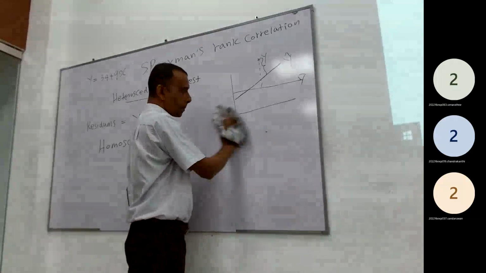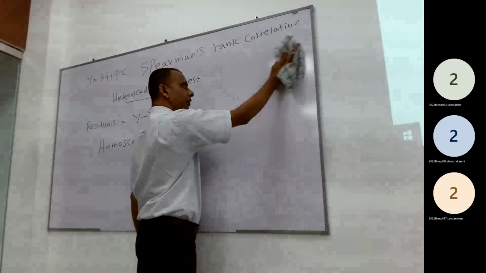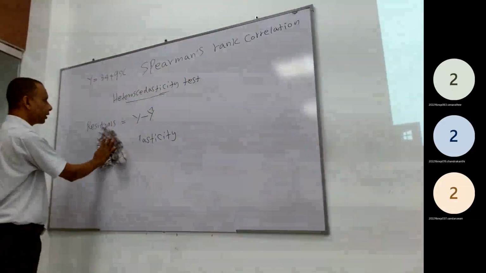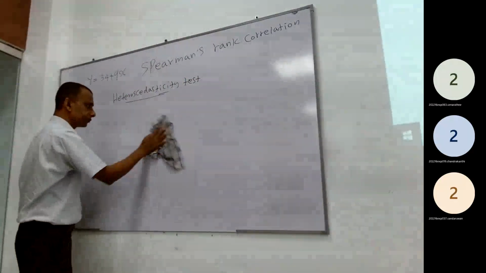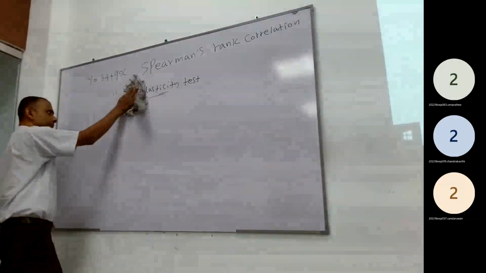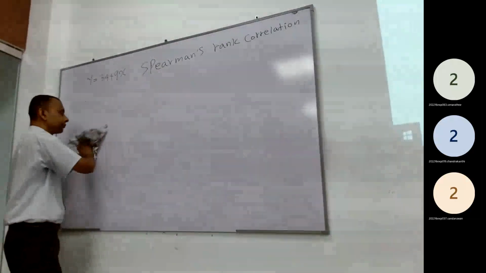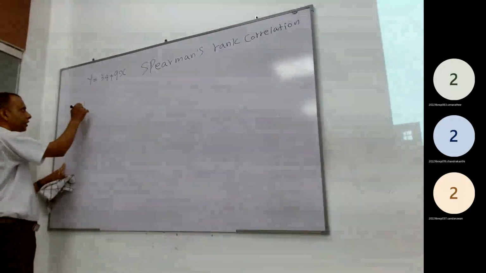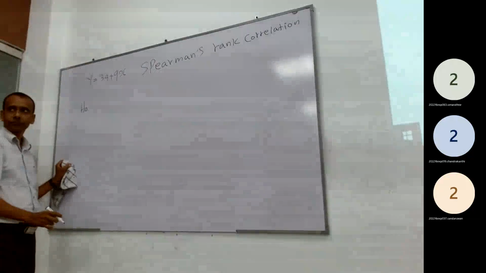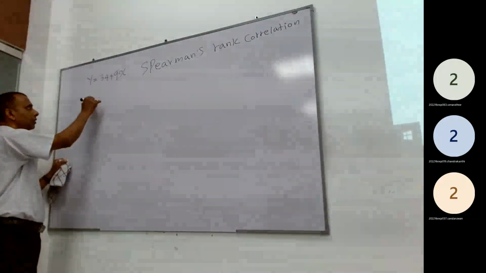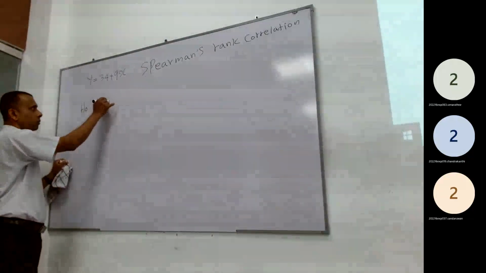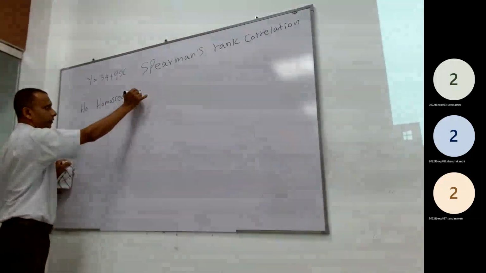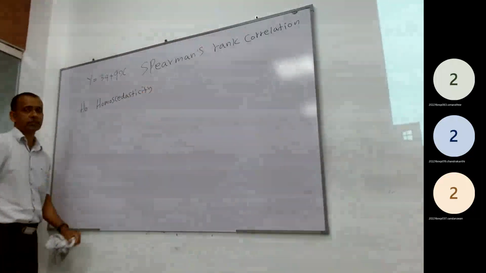Step 1: Define the null hypothesis. Null hypothesis, we write H naught: homoscedasticity.